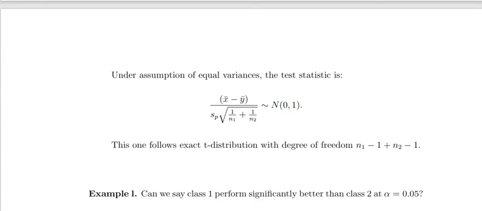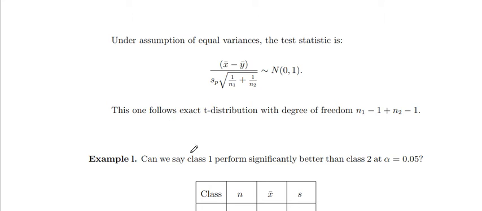So now we just replace this sigma by S. I'm sorry. This is a test statistic, so it does not follow standard normal. It follows T. I made a mistake.